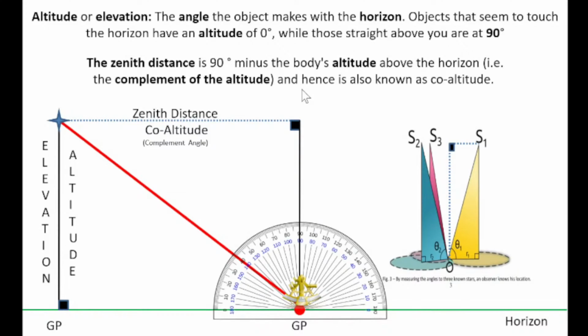I took the liberty to take another image where they have 3 circles of equal altitudes, and each of them would be different radiuses from the GP of star 1, star 2, star 3 to the observer. But it's pretty obvious that when I draw the complement, the zenith distance, with the dotted line, that is what you're looking for after you get the elevation angle. This is how it works, folks. This is all from their books, by the way. All these quotes and everything is from their books. Next, please.